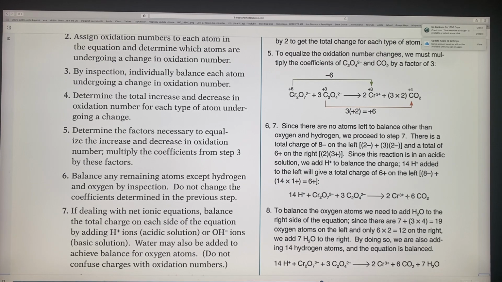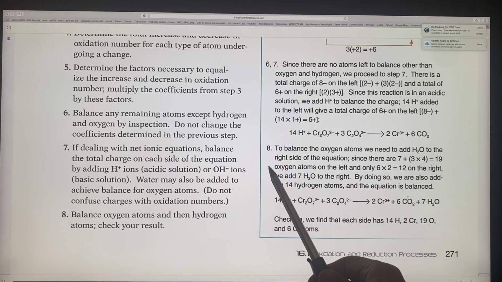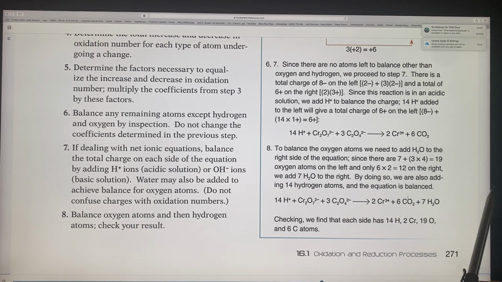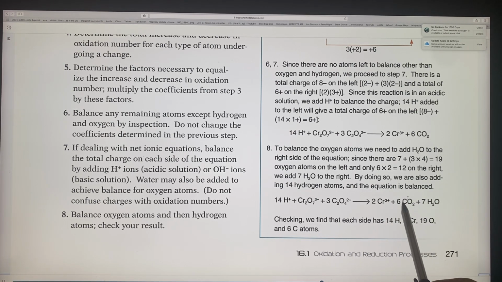To balance the oxygen out, we're going to add water. So we look at the oxygen then. It says to balance the oxygen atoms, we need to add water to the right side of the equation, since there are 7 plus 3 times 4 equals 19 oxygen atoms on the left and only 12 oxygen atoms on the right.